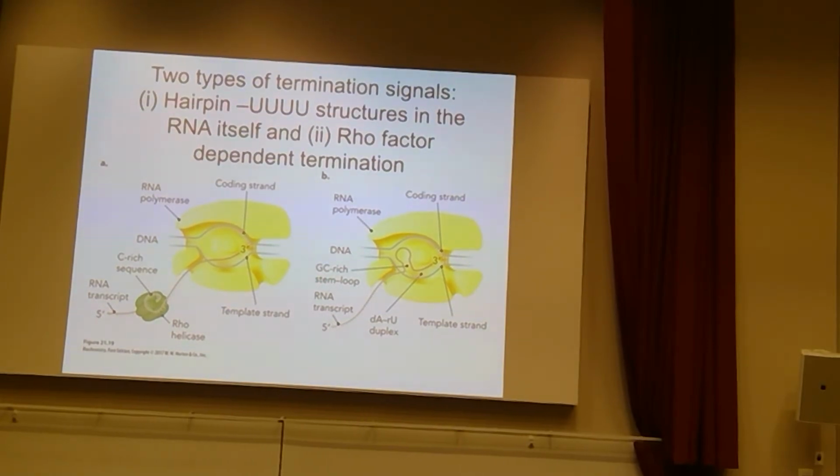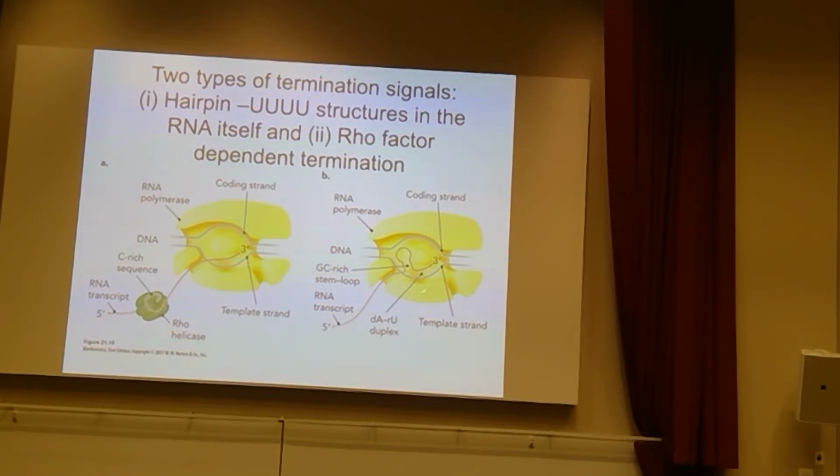All right, so how do we terminate? And as I mentioned before, there's two ways that RNA polymerase knows it's done its job and come to the end of the region that is supposed to encode for mRNA.